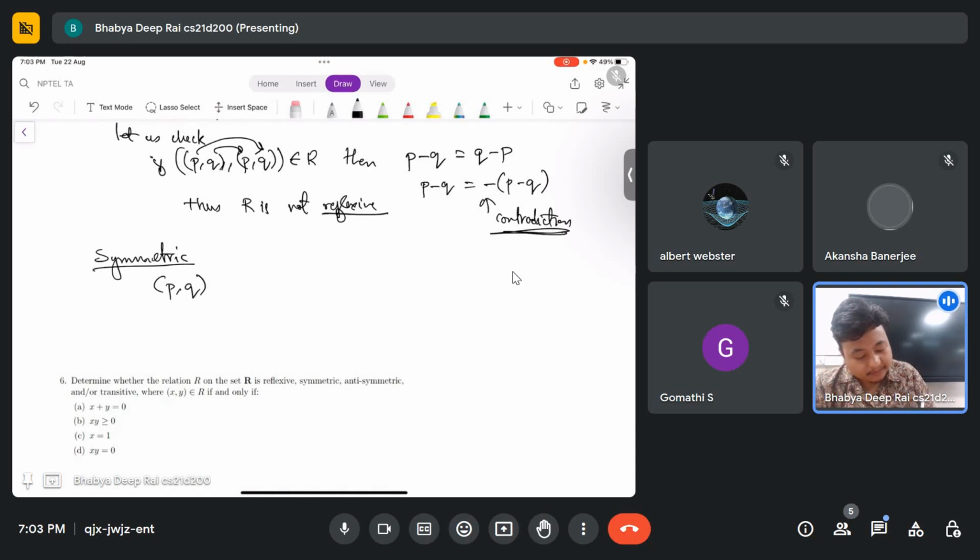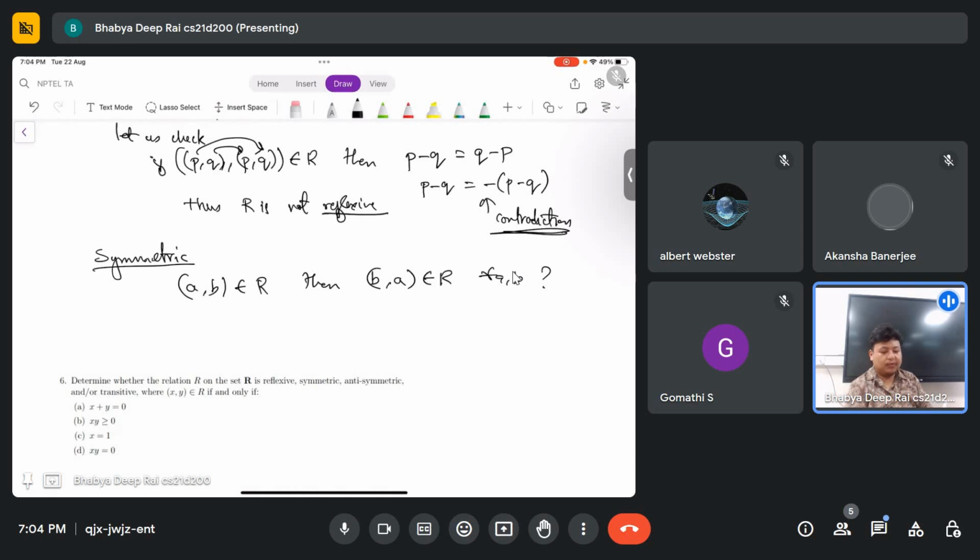If (A comma B) is there in R, then (B comma A) is in R for all A, B. Is it true? This is what we are asking. So take an (A comma B), P comma Q, and some R comma S. So P comma Q is my A and R comma S is my B.